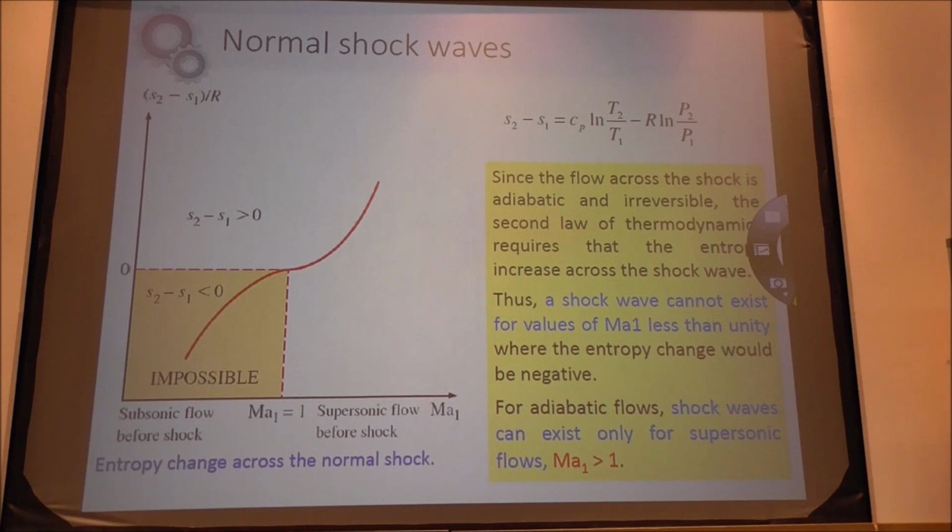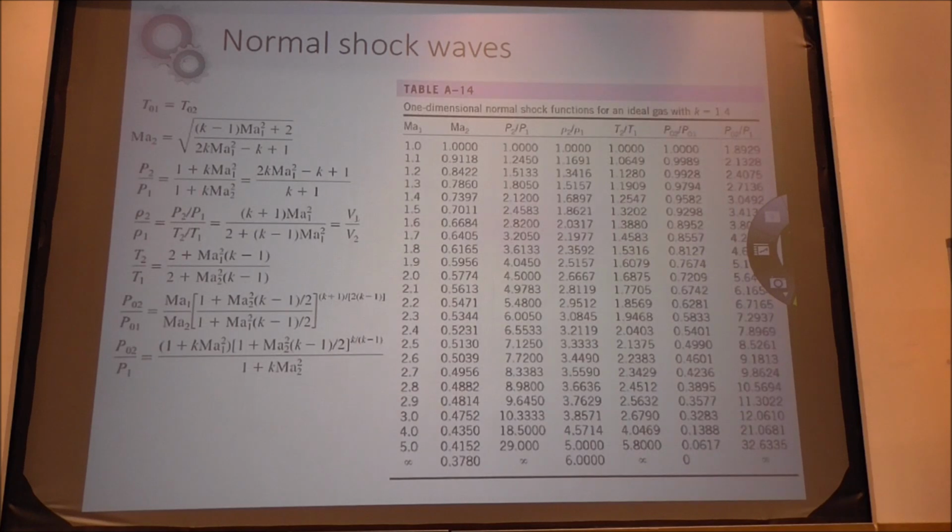Okay, so if I give you a question, what is the increase in the entropy, you're supposed to know how to calculate it, right? Because you have this one, and you can calculate your P2 from P1, and you can calculate your P1 from P0. You can calculate your P0 from the initial or the inlet condition. Okay, if you come to the tutorial, you know that you can calculate P0 and T0 from the inlet condition.